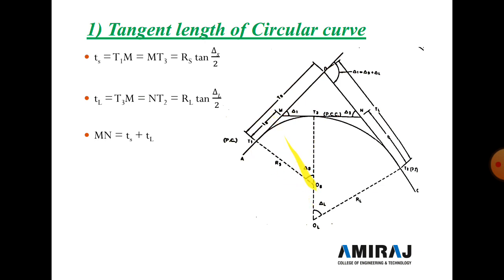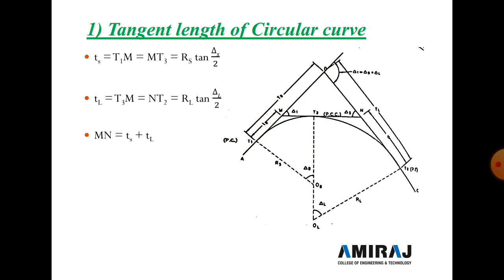When we take the triangle and apply tan theta, it is ts divided by RS. So ts is equal to RS tan delta S divided by 2.